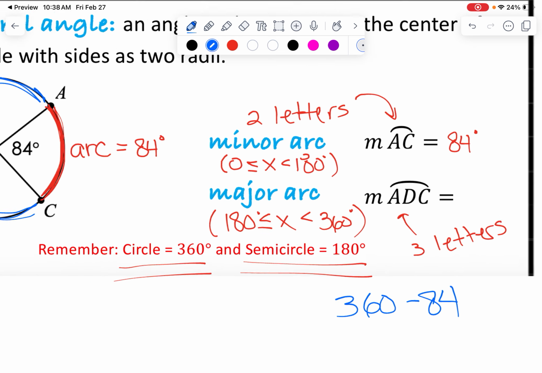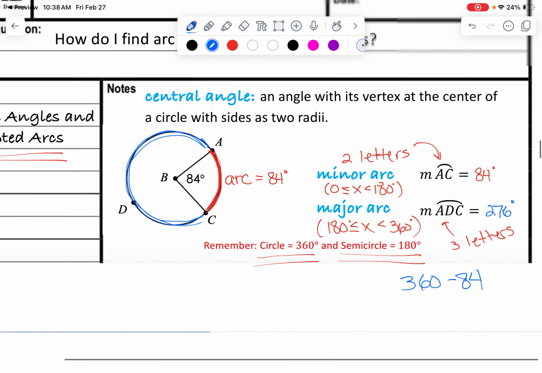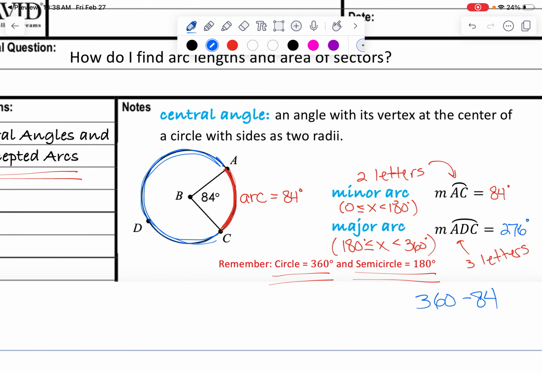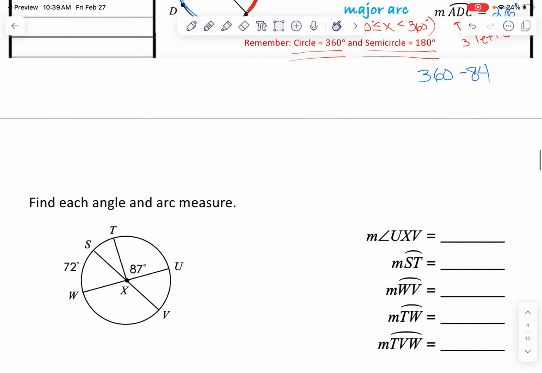So that would give me 276. So this would be 276 degrees. Okay, so central angles, minor and major arcs, along with intercepted arcs. Hopefully that makes some sense. So that also would mean that this angle in here is 276 degrees as well. Hopefully you feel pretty comfortable with that.